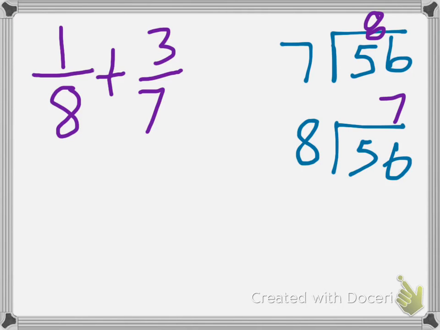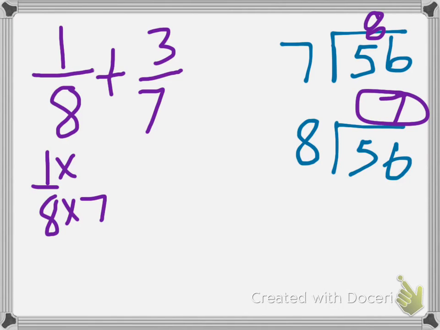So now I know that 1 over 8 can be multiplied by 7 over 7, which would give me 7 over 56.